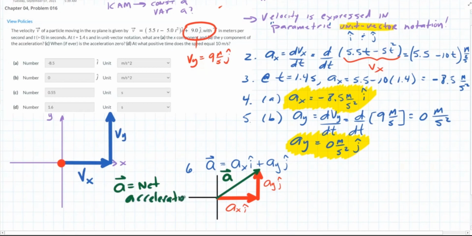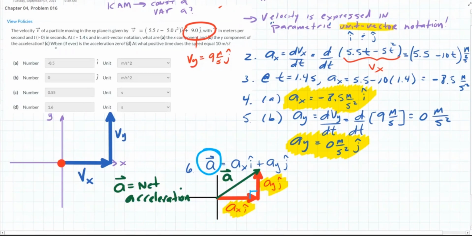I have two components that comprise that acceleration, an X component and a Y component. Because I know X and Y are always perpendicular, this is a right angle, and I know Pythagorean theorem, and I know sine and cosine and tangent. So this is what I'm after, this net acceleration.